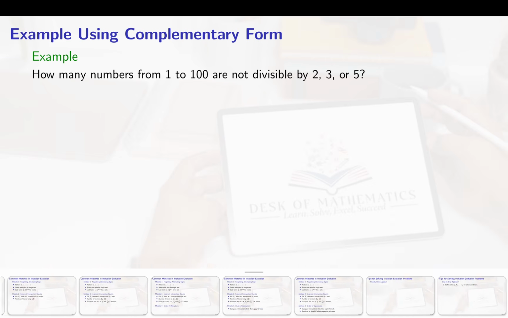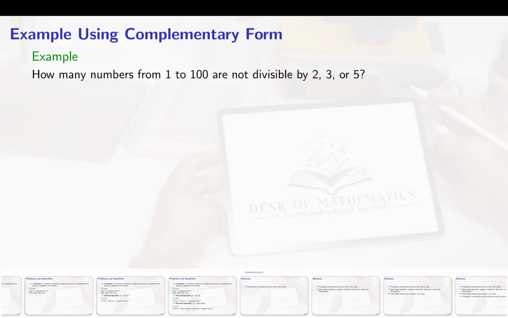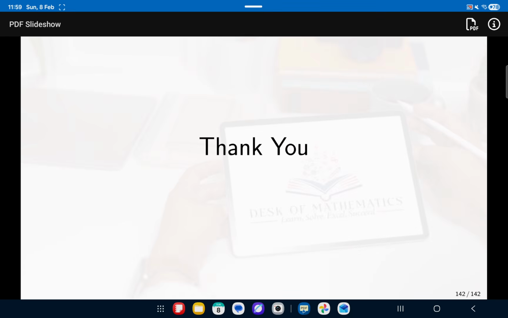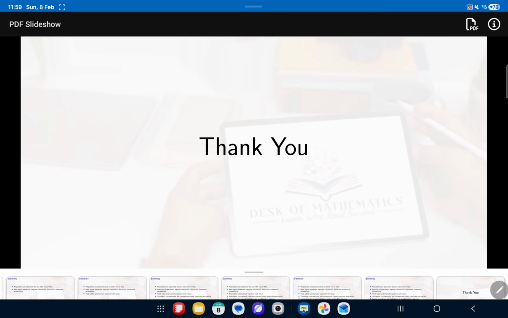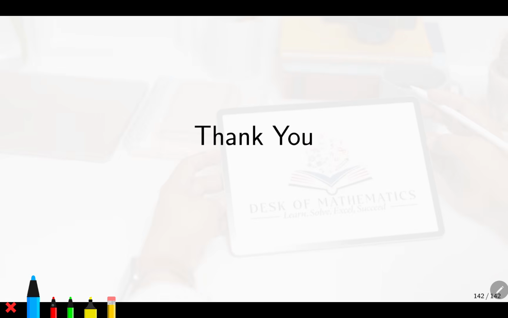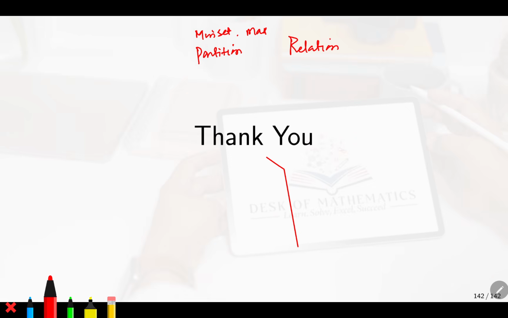One thing that I want to tell you, the important things that you have to cover: first, the min set, max set, partition of a set, and relations, especially to prove that a relation is an equivalence relation or a partial order relation.